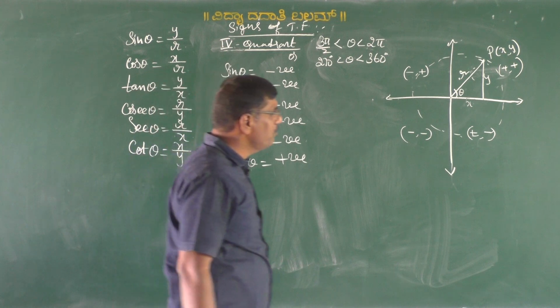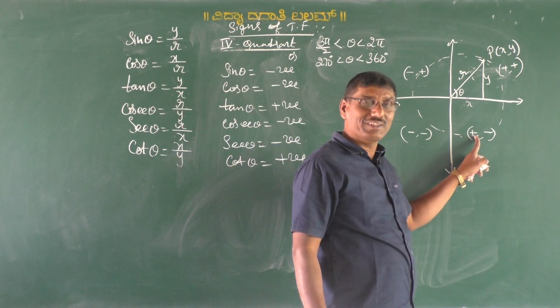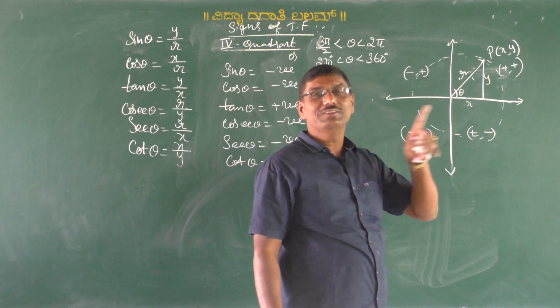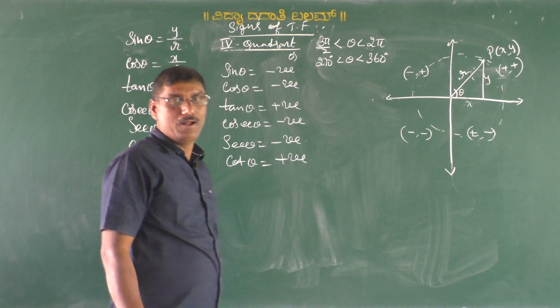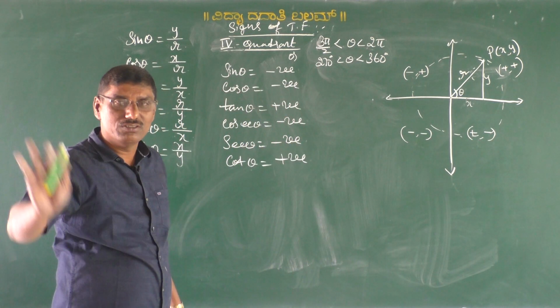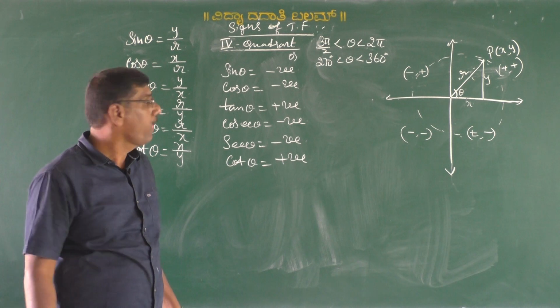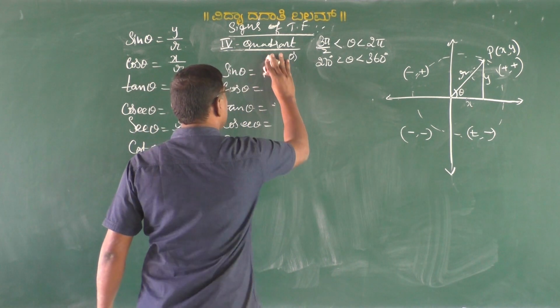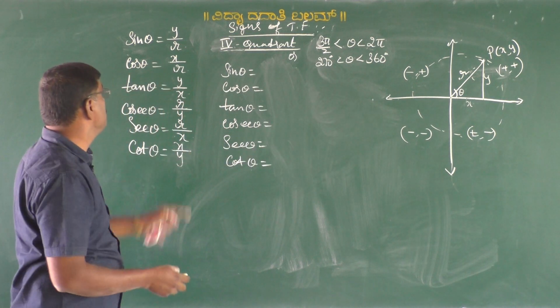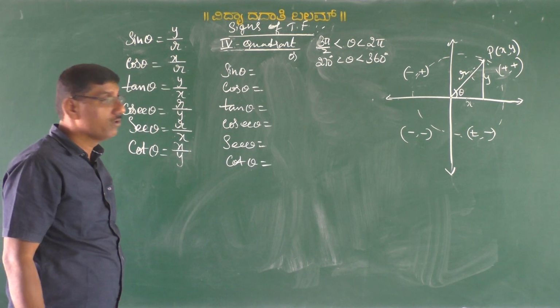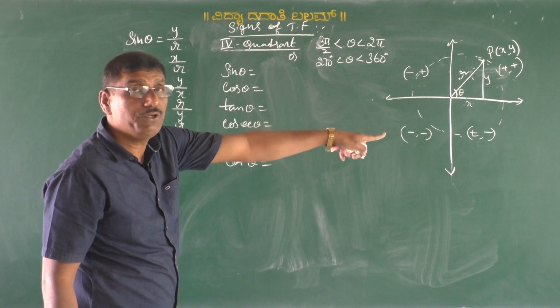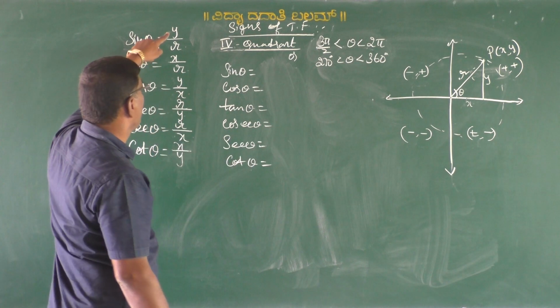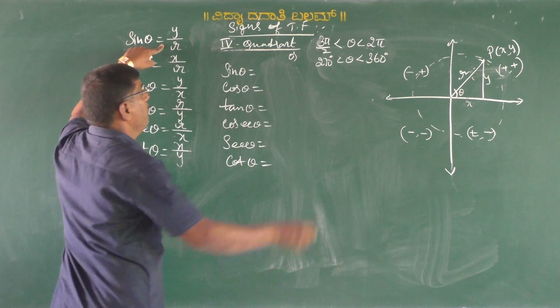My dear students, in the fourth quadrant x is positive, y is negative. R is always positive, no doubt. From that we can write, by using these trigonometric ratios: y is negative and r is positive, so we get negative.